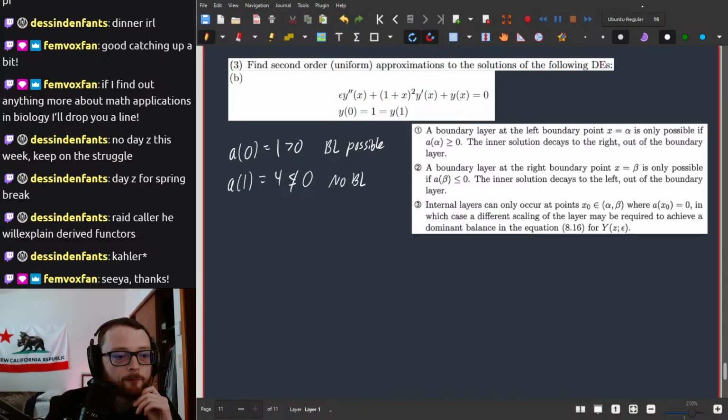And then we have to be concerned about the area between 0 and 1. Anywhere it's equal to 0 inside the interval, it's a potential boundary layer, but it's never equal to 0 between 0 and 1.